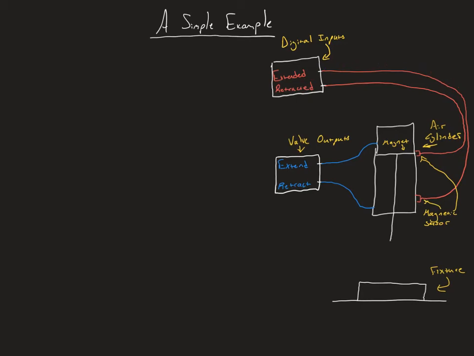So this is our digital inputs, which we will connect to the PLC via field bus. So our PLC is able to command extend and retract, and then is able to get inputs to monitor whether the actuator, our air cylinder, has performed the extended or retracted function.